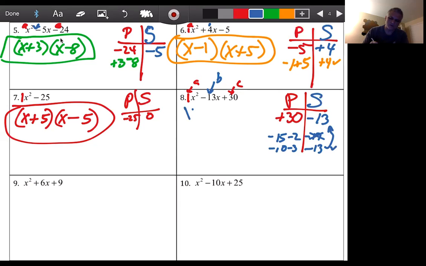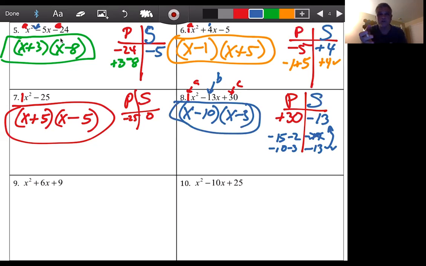Okay, so x minus 10, x minus 3. Okay, so that one's one to be careful of, because 15 and 2, if you used a plus and a minus, it could have given you the correct sum. However, positive 15, negative 2 won't give you the correct product. Make sure your product is right as well as your sum.